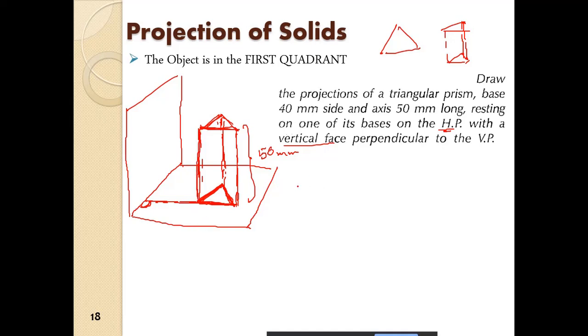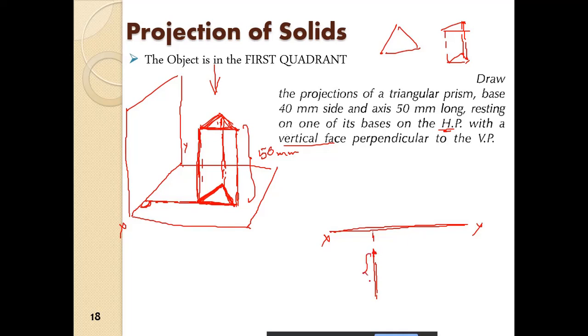Because it is easy to draw the top view, first let us draw the top view. I will start with the XY line. So this is x and y. I will drop one perpendicular. It is not given at what distance the prism is, so at a particular distance according to my liking, I will take the start.